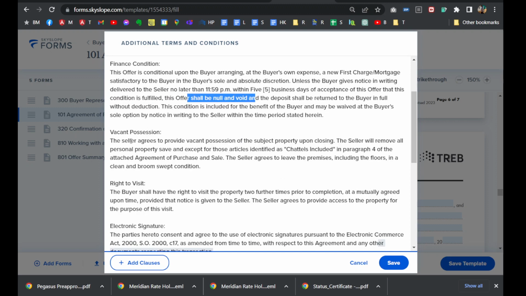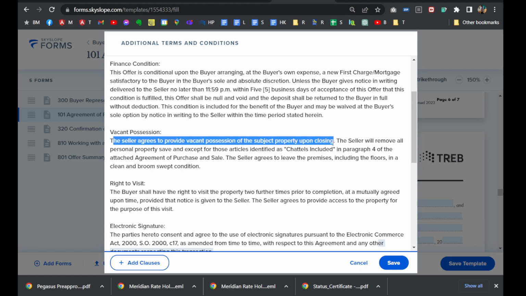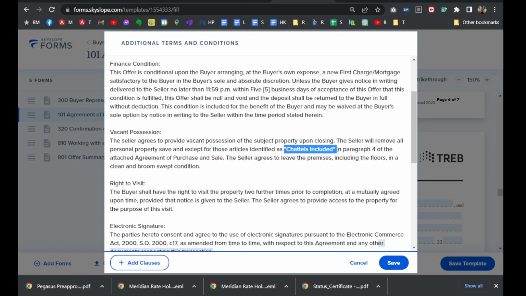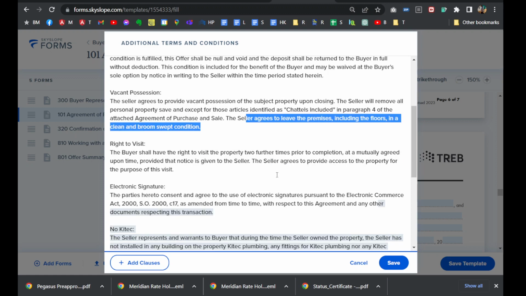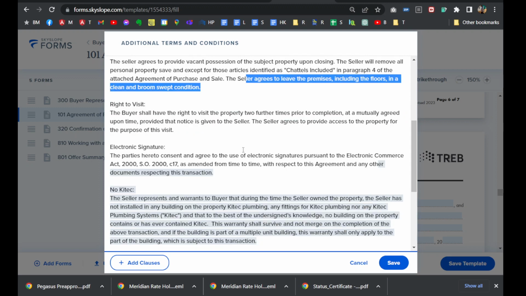Vacant possession. So basically, this one says the seller agrees to leave the property, remove their personal property, except for what they say they were going to include in the property, and they also agreed to leave it in pretty much not five-star hotel condition, but broom swept condition.